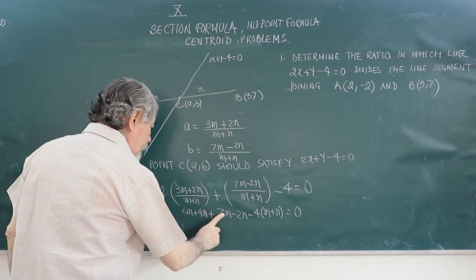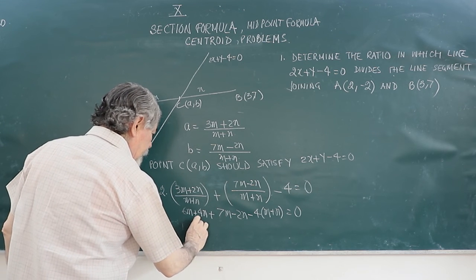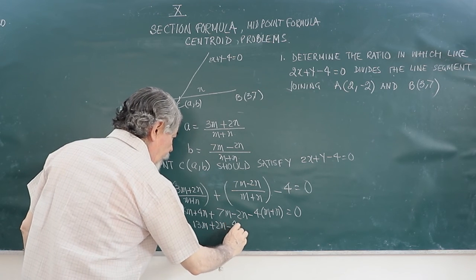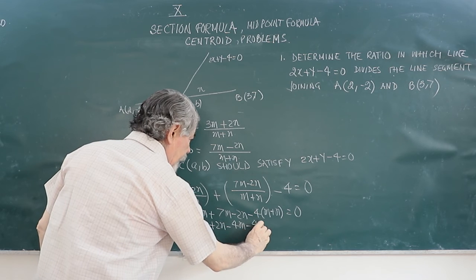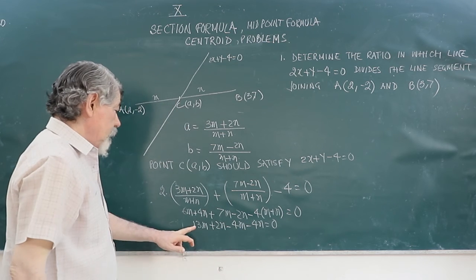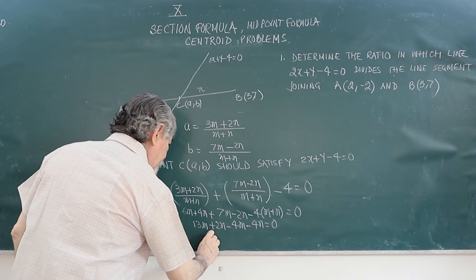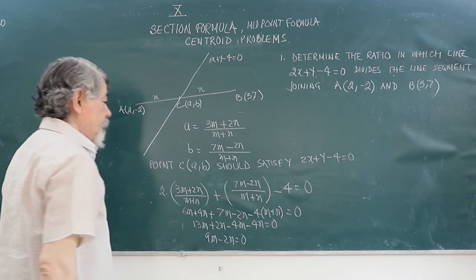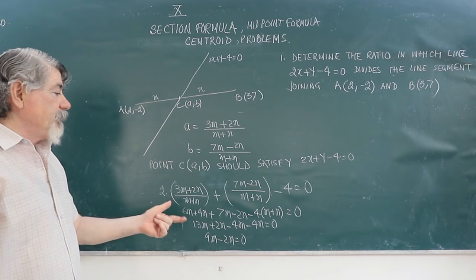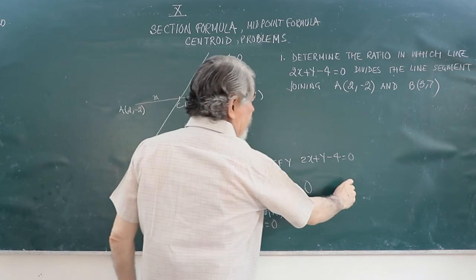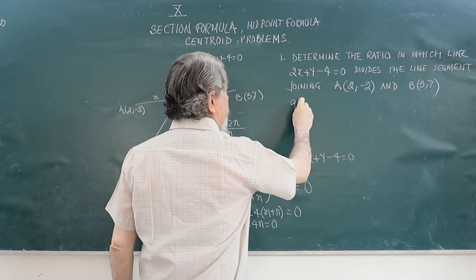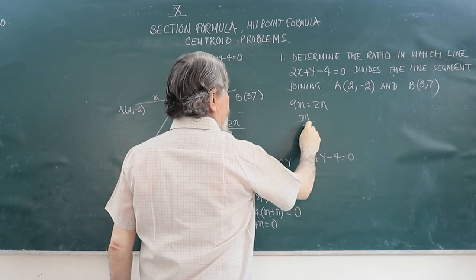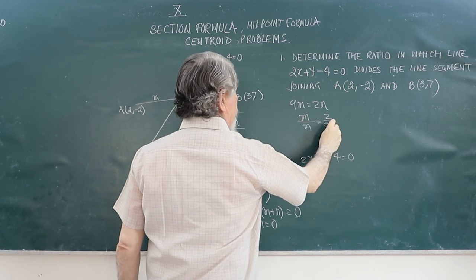So 6m plus 7m is 13m, plus 2n minus 4m minus 4n is equal to 0. 13m minus 4m is 9m, minus 2n is equal to 0. That means 9m is equal to 2n, or m upon n will be 2 upon 9.